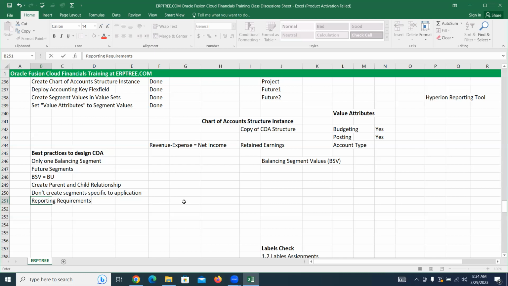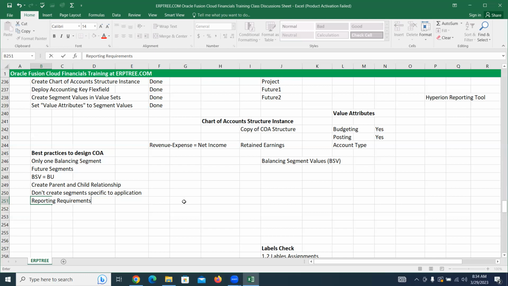Then future segments. You explain to them the benefit of future segments, and ensure that the balancing segment values will be equal to business units. Some clients say, hey, we are doing business in 2 locations in the US. We want to have 1 business unit. There are a few clients using it. But the issue is, they can have 1 business unit, and in 1 business unit, they can have 2 companies, 2 locations, 2 balancing segment values, but the business unit is only one as the US business unit.